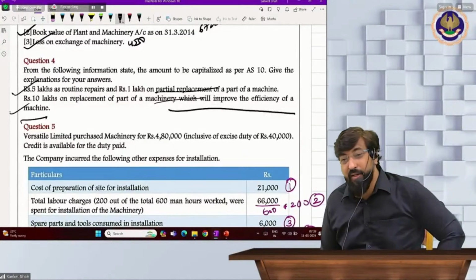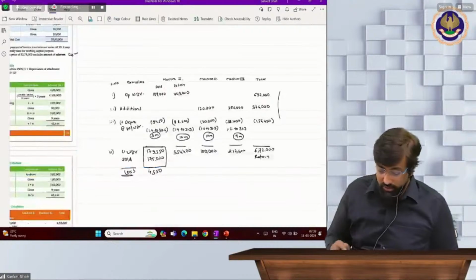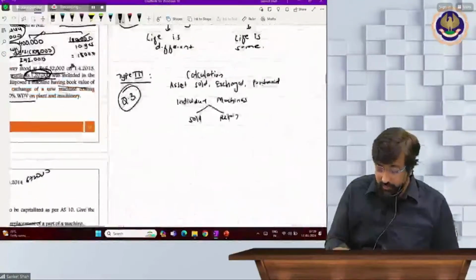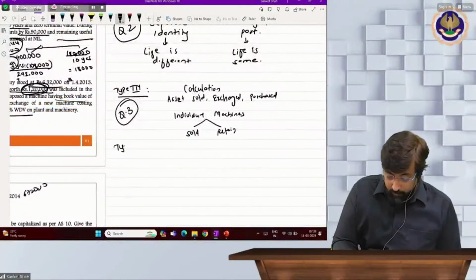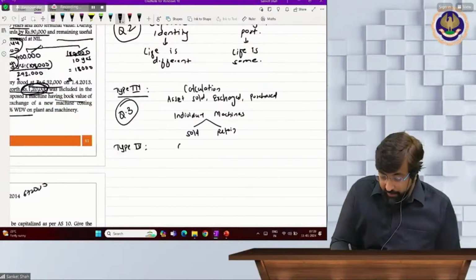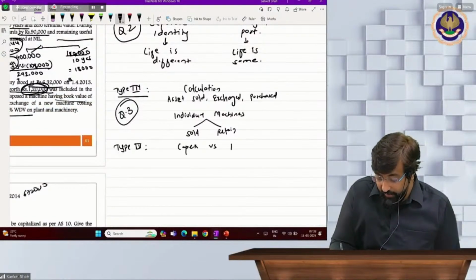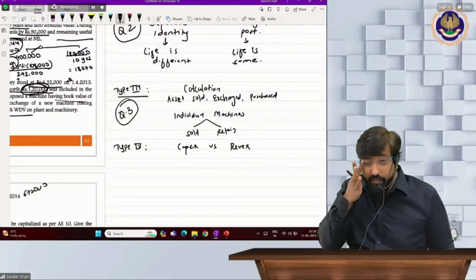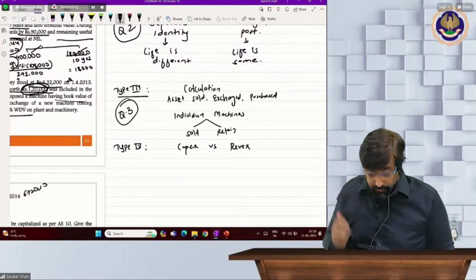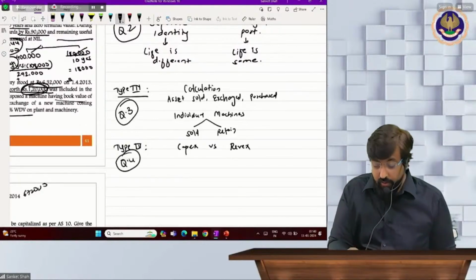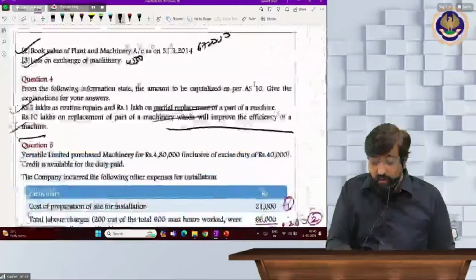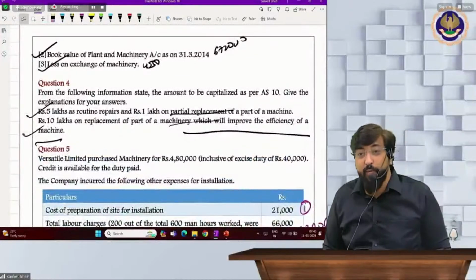So capital expenditure versus revenue expenditure. The logic is very simple. Type number 4, CapEx versus RevEx. In question number 4, the first 2 expenditures are revenue expenditure; you will charge them to the profit and loss account.